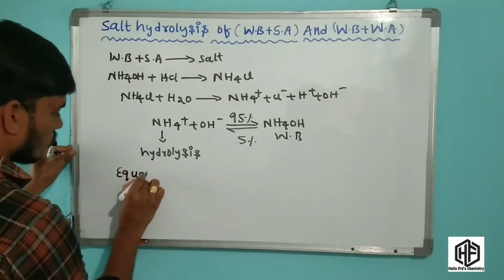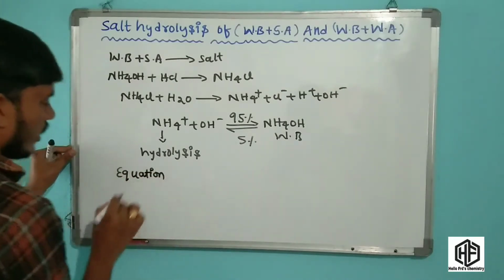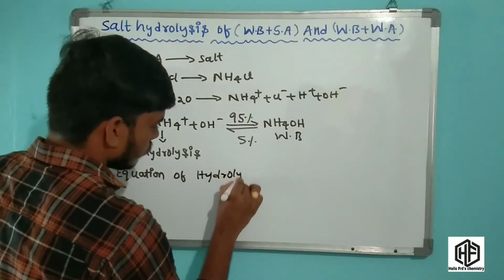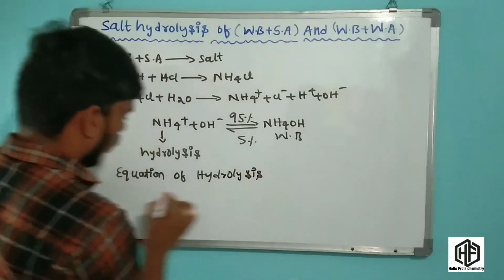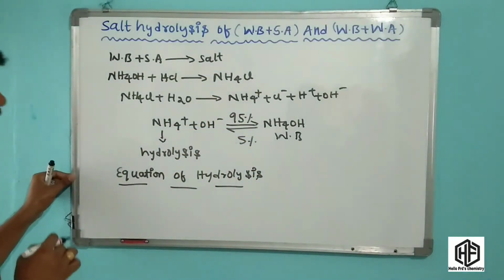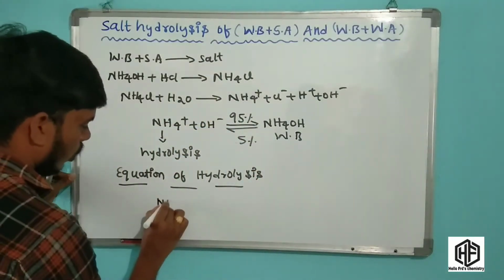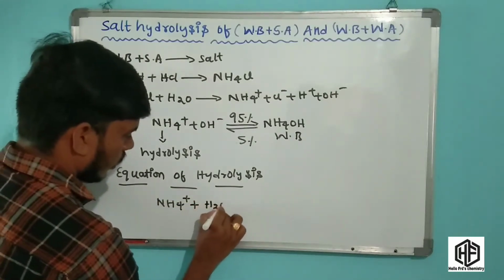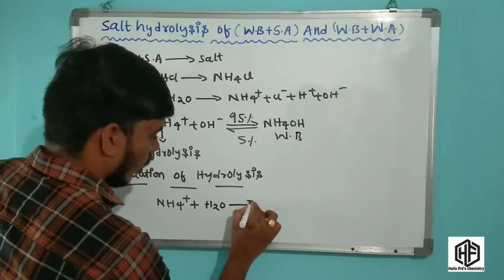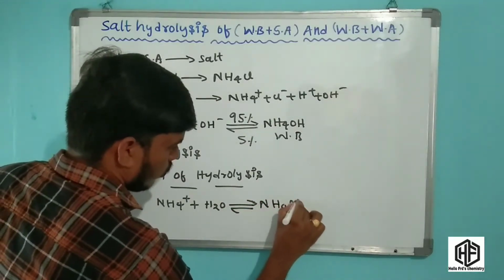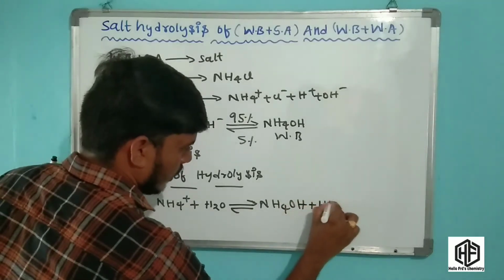Now what is the equation of hydrolysis in this weak base plus strong acid case? NH4 plus reacts with water to form NH4OH plus H plus ions.